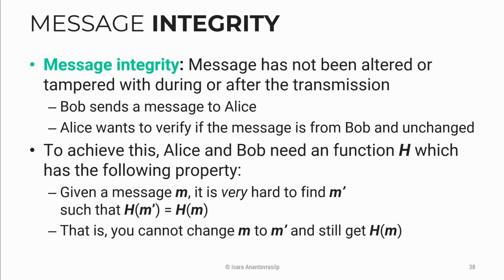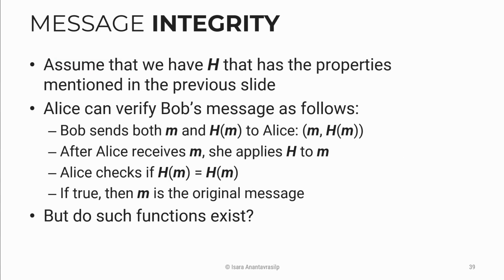That is, if you somehow alter m and it changes to m prime, you notice that the results of h of m and h of m prime are different. Let's assume that we have such a function h.